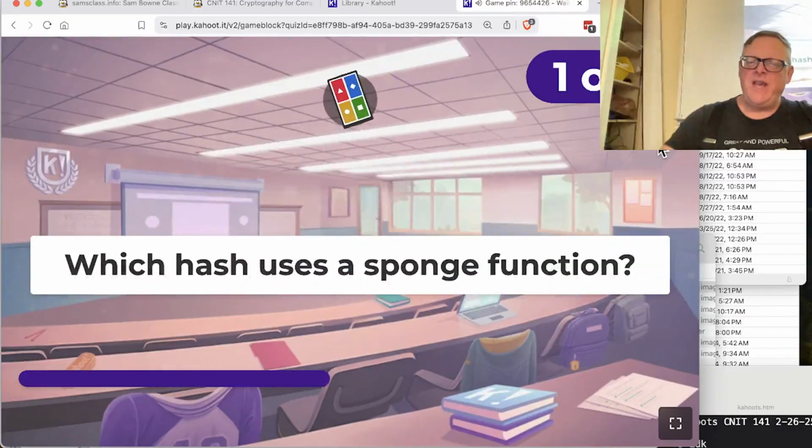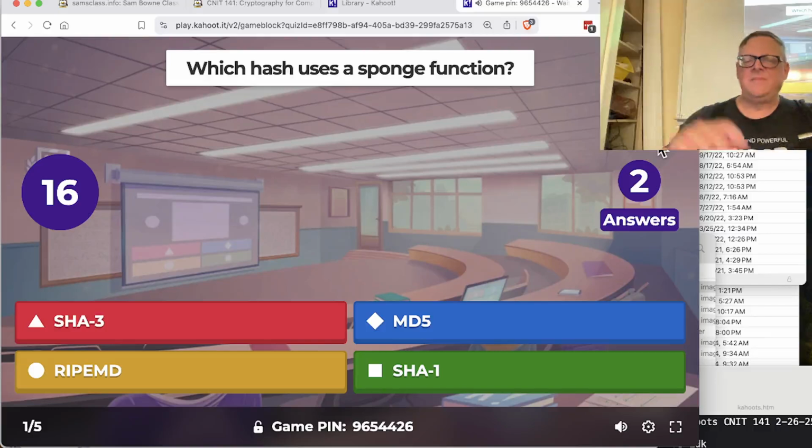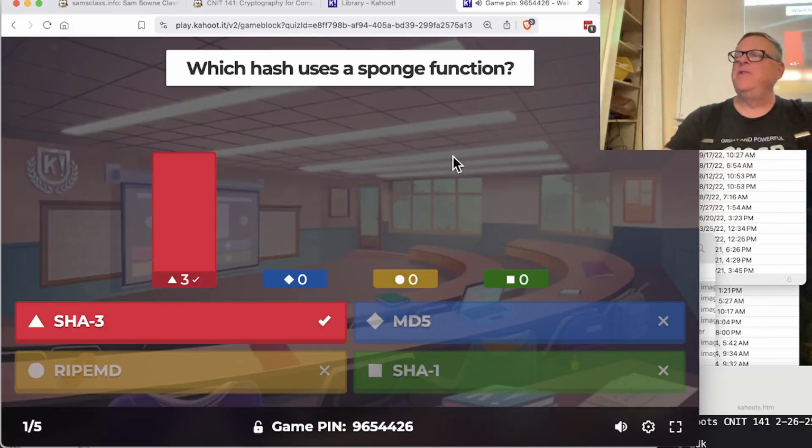All right, so which hash uses a sponge function? SHA-3, that's the newest one, okay?